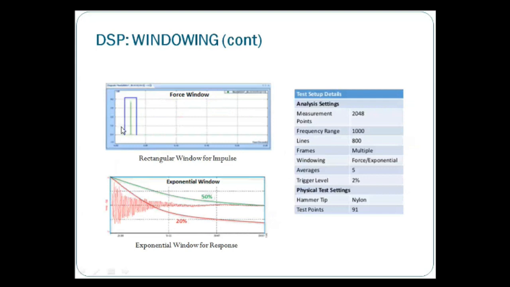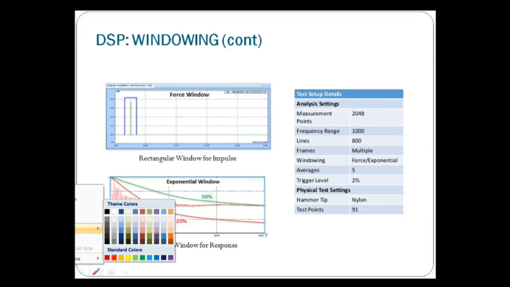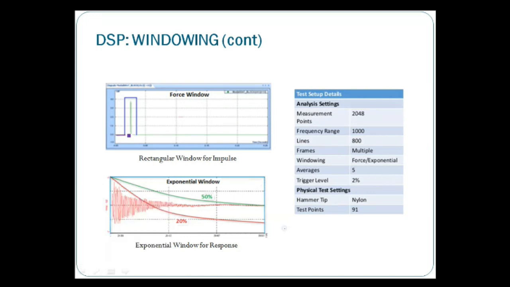The force window and exponential window are usually for analysing signals related to force. The force window is just some sort of rectangular window. Whatever signal is here, you only capture this particular signal in this particular region. The rest you multiply with 0, so whatever noise appears here, multiplied with 0, will all become 0.